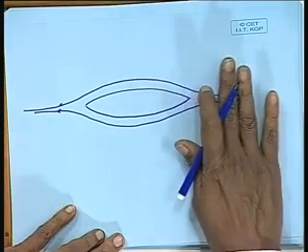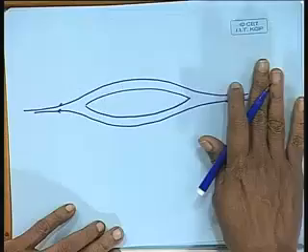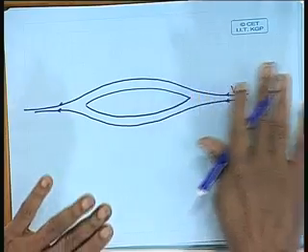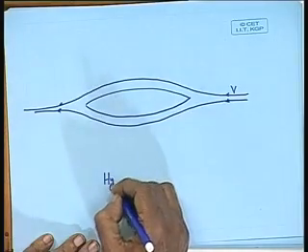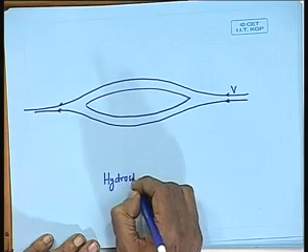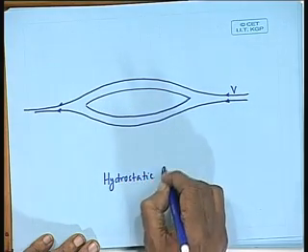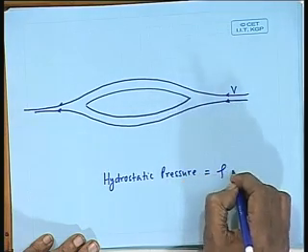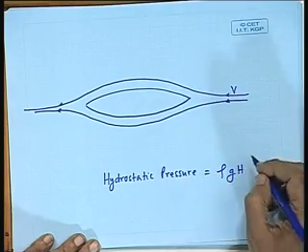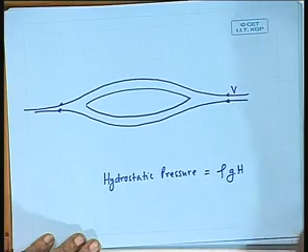If the body was not moving, what would be the pressure acting on the body? If the body was not moving, the pressure that would be acting on the body would be called the hydrostatic pressure, right? What is hydrostatic pressure acting on a body? You should be knowing this. Rho g h, h being the depth of immersion for that particular point, right.